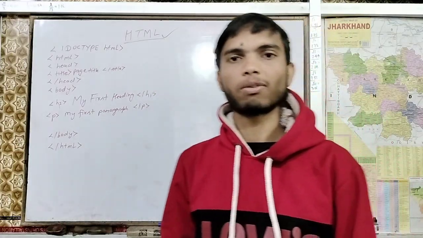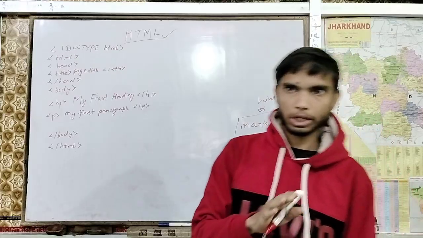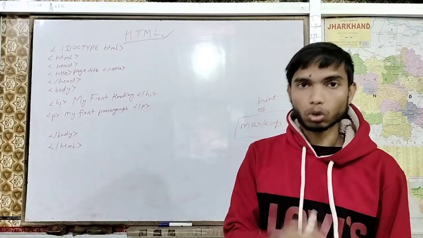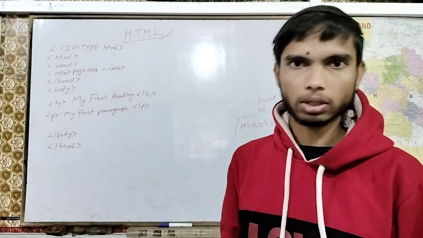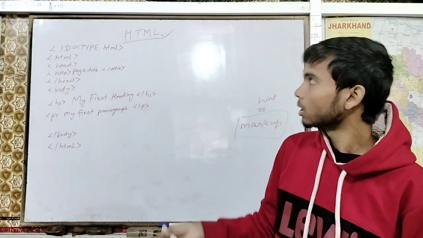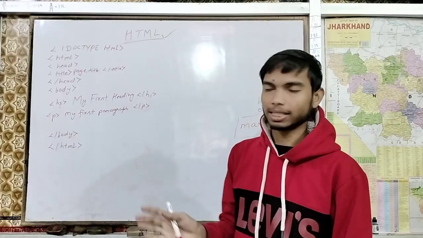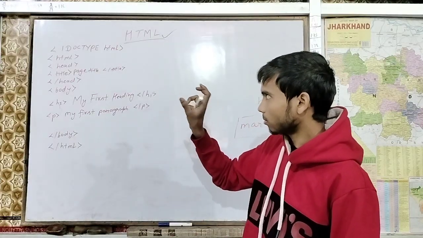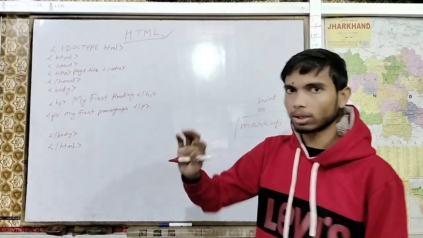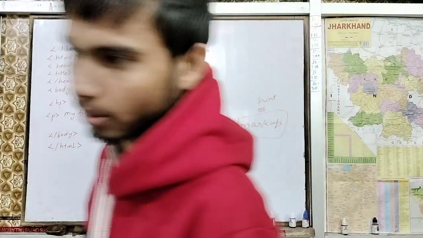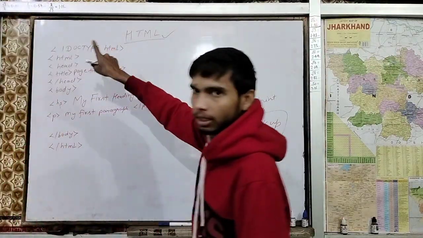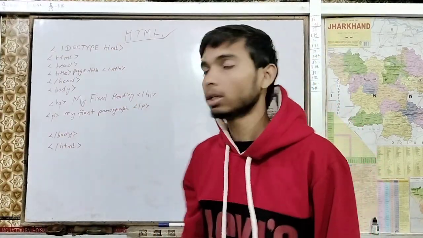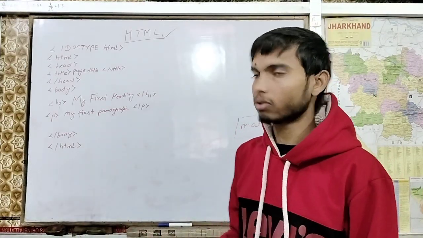DOC is a short name for document, so you don't need to write the complete word, just write DOC. Next is TYPE. You can see DOC and TYPE are all in uppercase. If you write DOCTYPE in lowercase, it will be invalid for HTML.